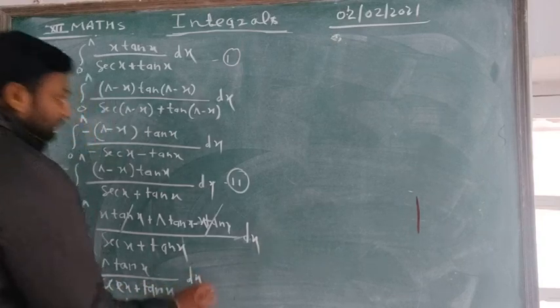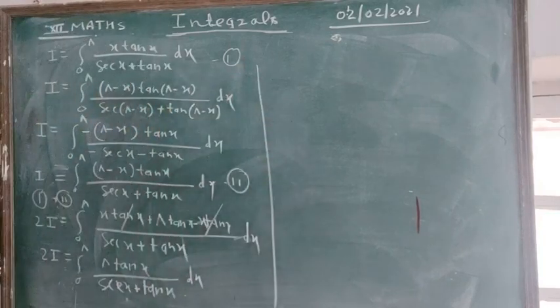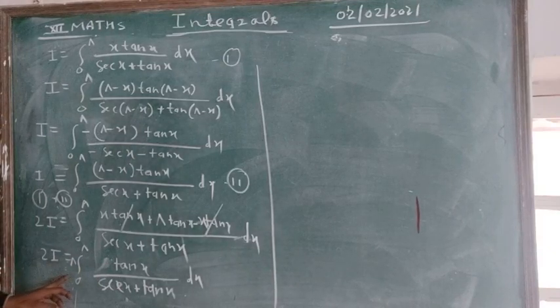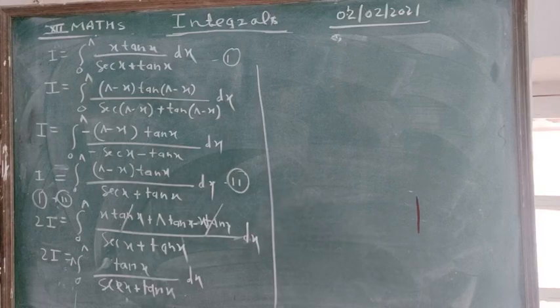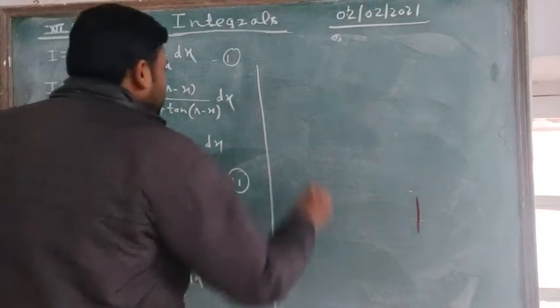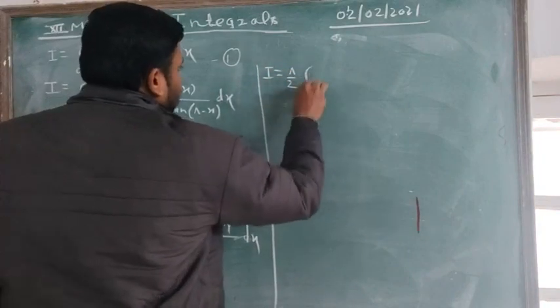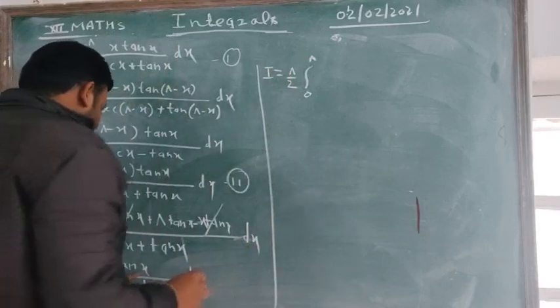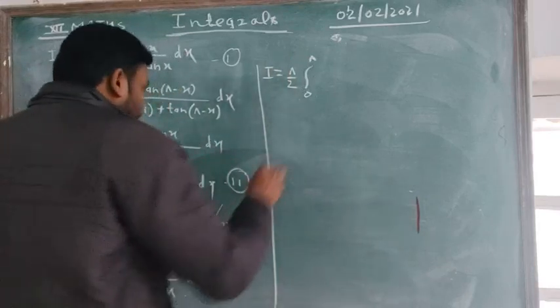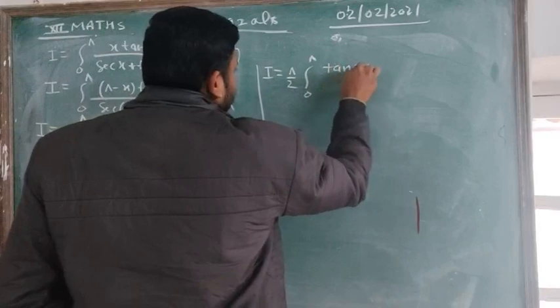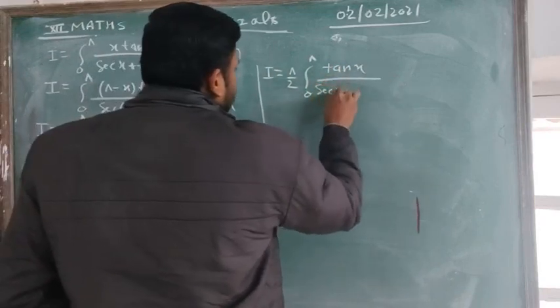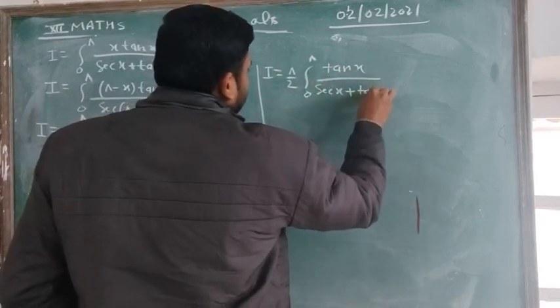Okay students, now we can write this pi here and we send this 2 to the left hand side, and we further solve it. So I is pi by 2 and the limit is 0 to pi. We are writing tan x by sec x plus tan x.